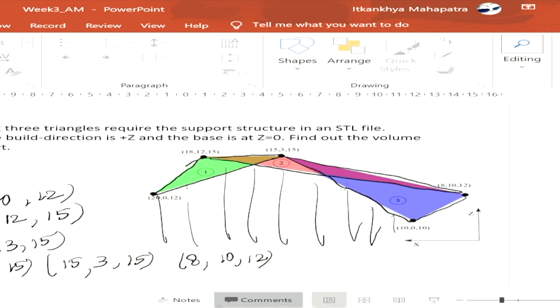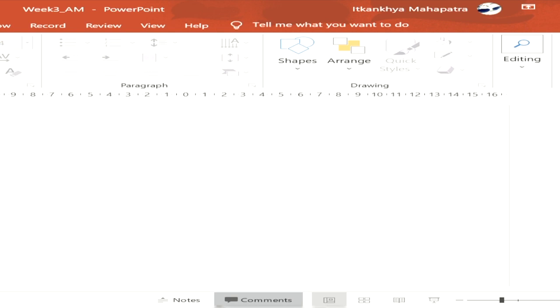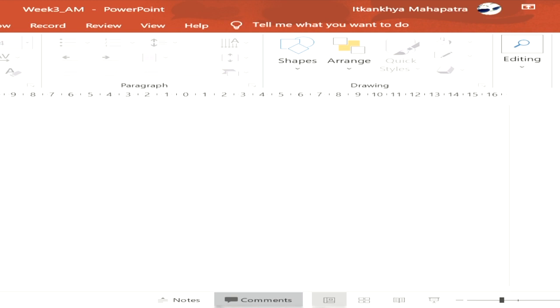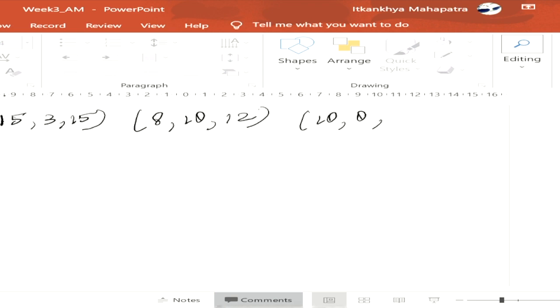Triangle 3, I'll move on to the next page. Triangle 3, it will be 15, 3, 15, 8, 10, 12, 10, 0, 10.